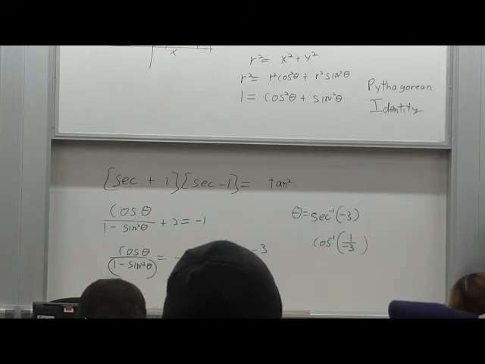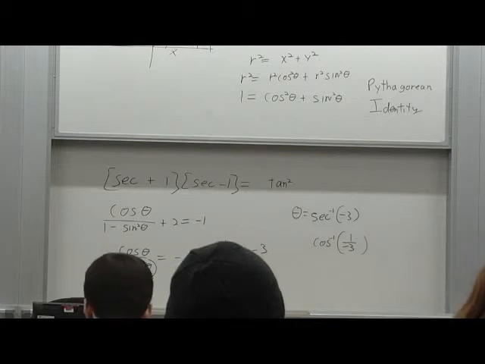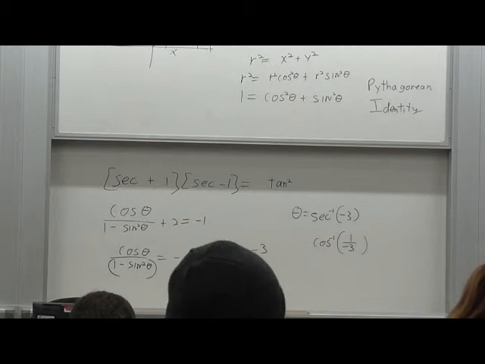I've managed to make this into a quadratic. Well, not a quadratic, a quartic. Cosine to the 4th theta, plus 0.2 cosine squared theta, and I still have a minus 0.8 equals 0.